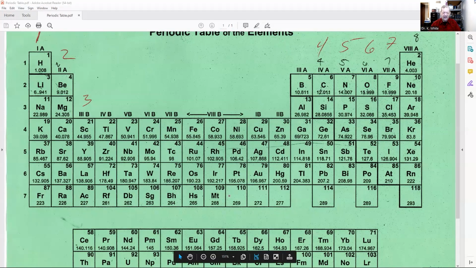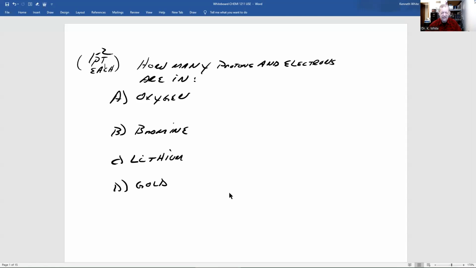And because the atomic number of oxygen is 8, oxygen has 8 protons and 8 electrons. Remember, the atomic number equals the number of protons and the number of electrons.